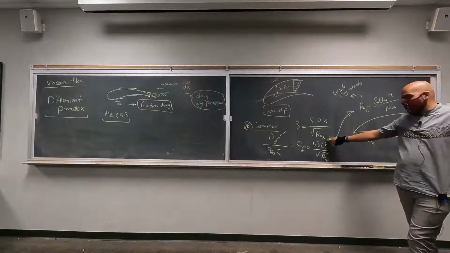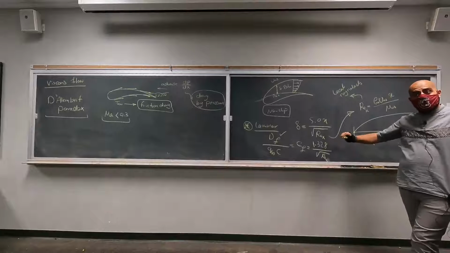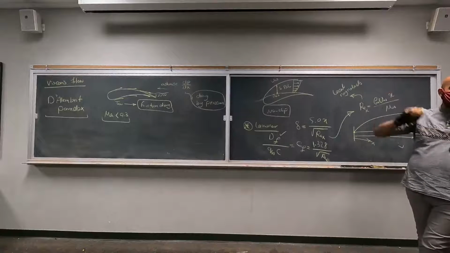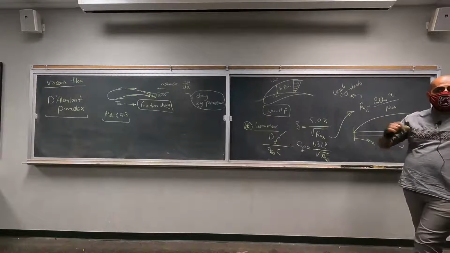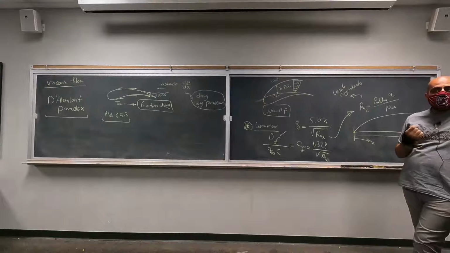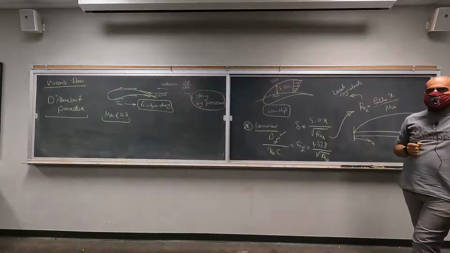What will happen to our flow when your Reynolds number increases? Or to rephrase my question, what do we use the Reynolds number for? What's the distinction the Reynolds number makes in the flow? Exactly.